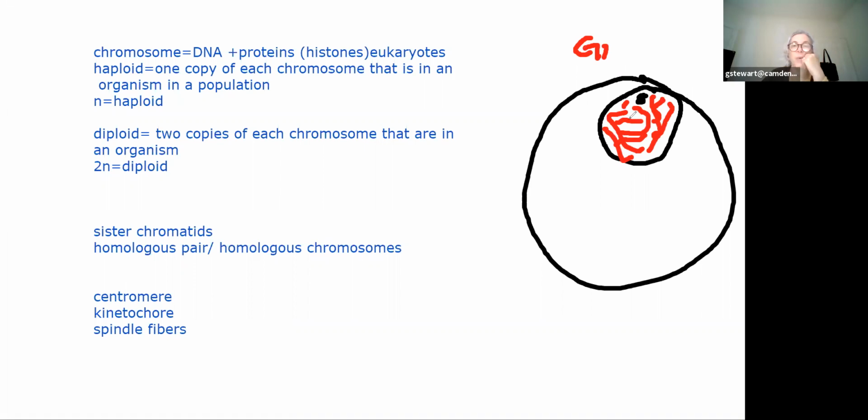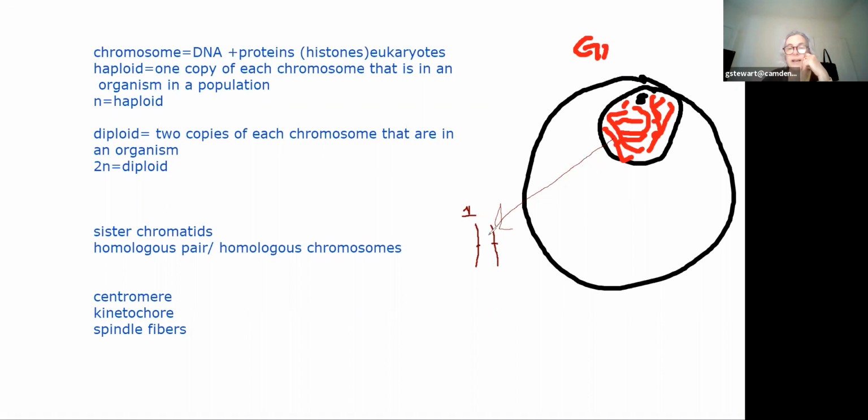And if I could look at just one of these chromosomes at a time, it would just look like this. It would be a single line or a single double-stranded piece of DNA. Let's say this is chromosome 1, right? So inside the nucleus in G1 before S, I would have 2 copies of chromosome 1.